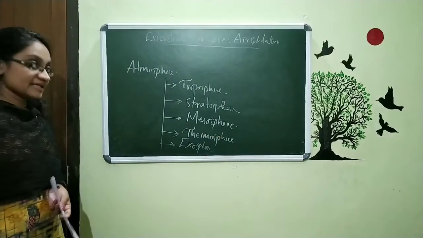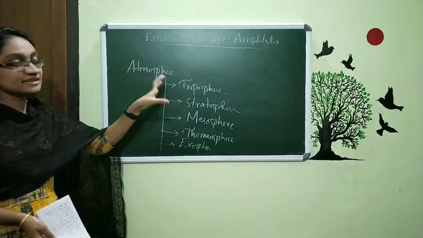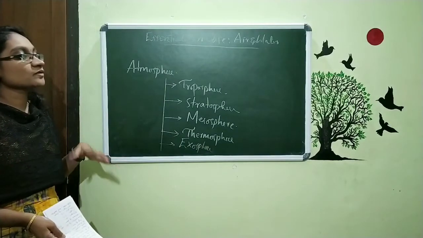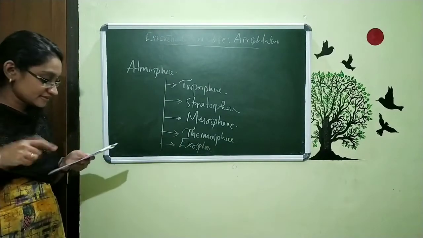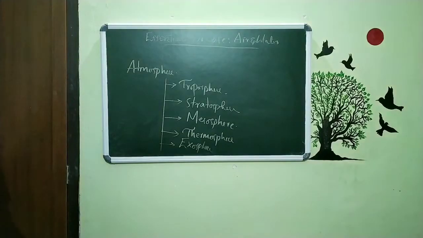We studied that in the last class and also studied the details of each layer. Now we are going to study the next thing, and the topic is importance of atmosphere.